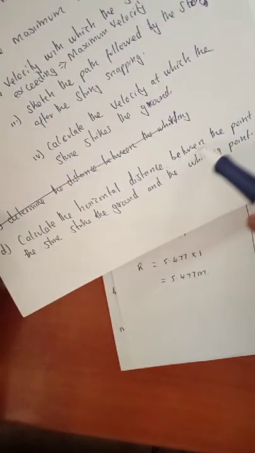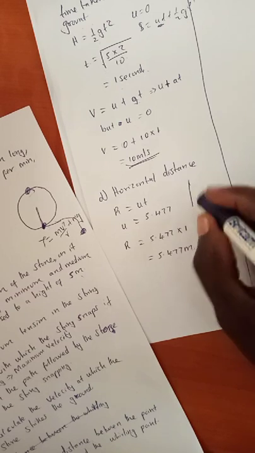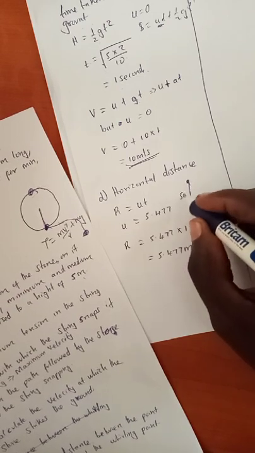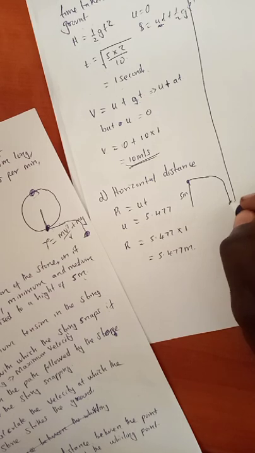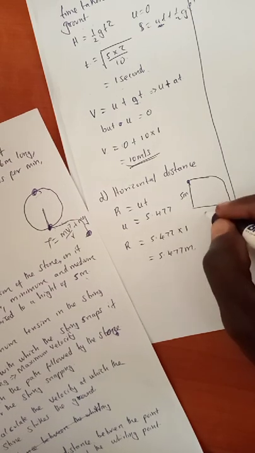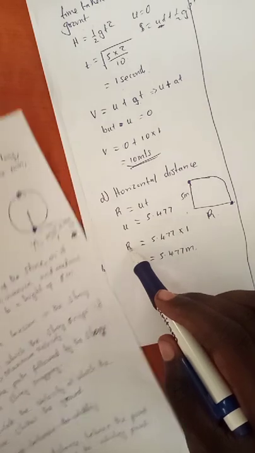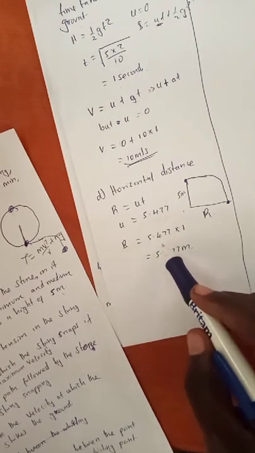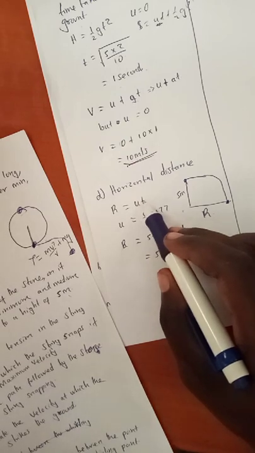Then the last question: calculate the horizontal distance between the point the stone strikes the ground and the whirling point. If this was the height, 5 meters, the stone moved and fell at this position. So this is given as the range. The range is given by R is equal to ut, that is the initial velocity times time.